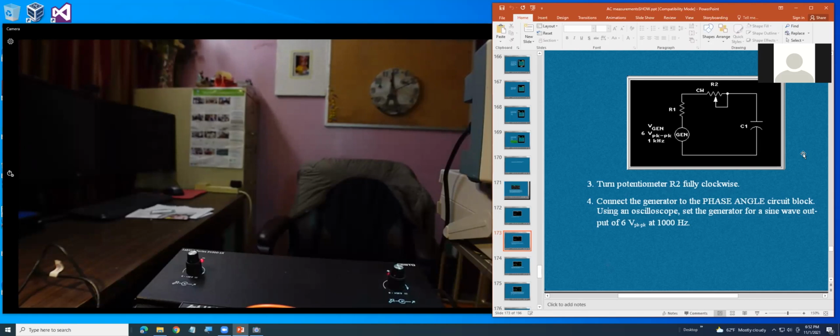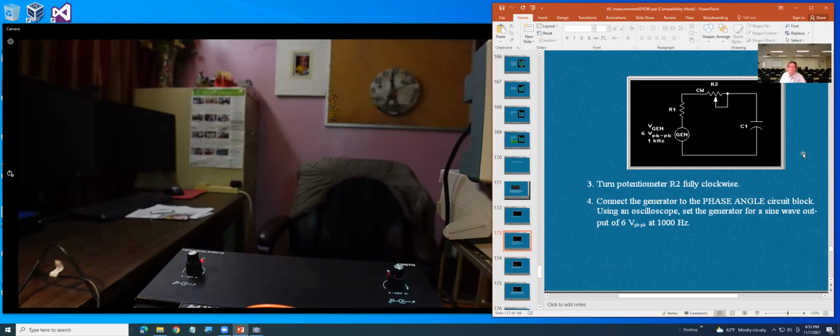When you turn it counterclockwise, it moves one to the left or right, and then you have to measure your phase angle. Exactly, that's what they want. They just want you to understand how you can measure the phase angle difference. And you'll use a cursor to do that.